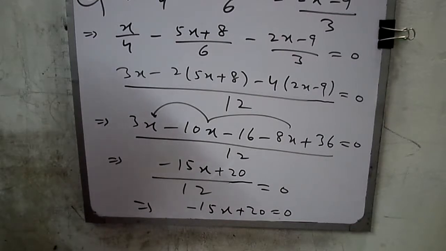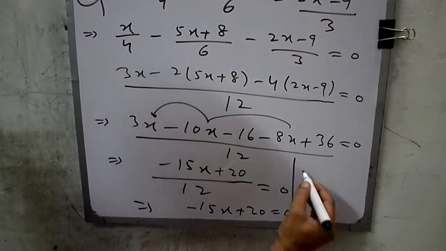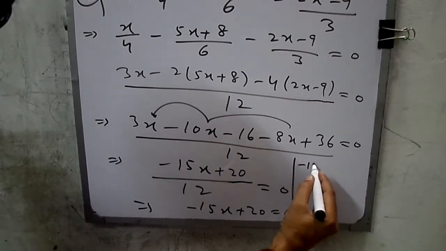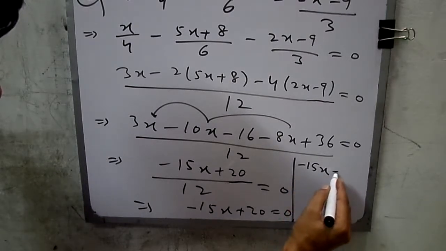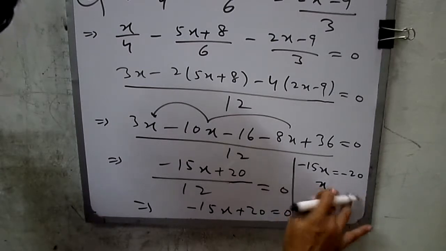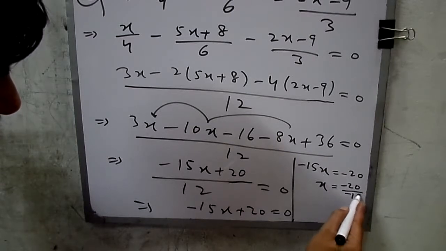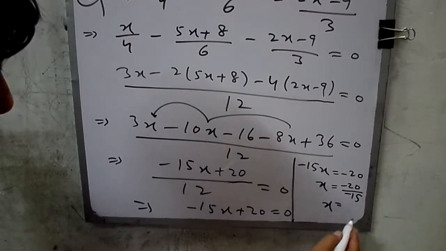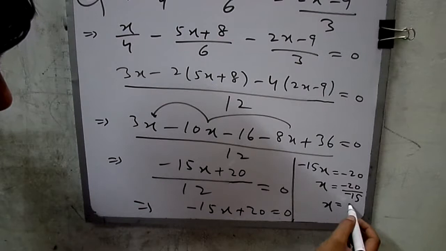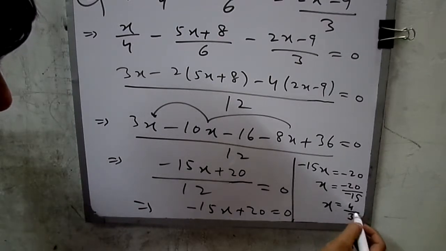So it means by further calculation you can see that if minus 15x is equal to minus 20, so the value of x is minus 20 divided by minus 15, minus minus will be cancelled, so the value of x is, 5 3s are 15, 5 4s are 20.